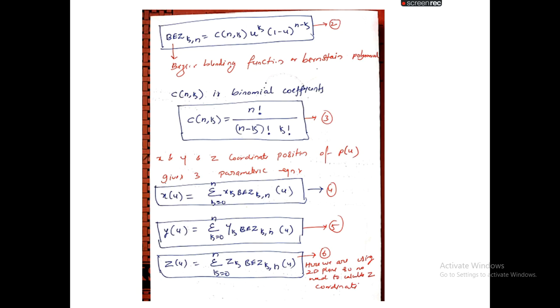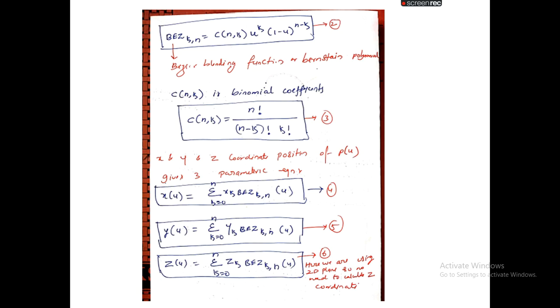When we are creating a two-dimensional curve, for every pixel I need to calculate the x coordinate position and y coordinate position. So these are the equations you need to remember. I created equation number 4, generated equation number 5, and created equation number 6 by substituting the x, y, z coordinate position of P of u in equation number 1.